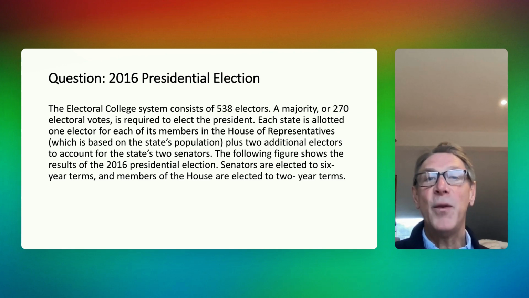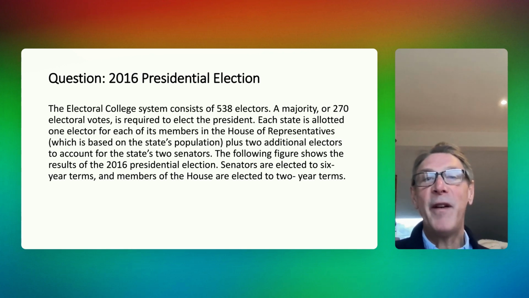When a state votes, if California votes, if the majority of people in California, even if that majority is only one person out of the millions of people in California, the electoral college system works such that every single one of the electoral college members representing California will vote for the majority that California chose.